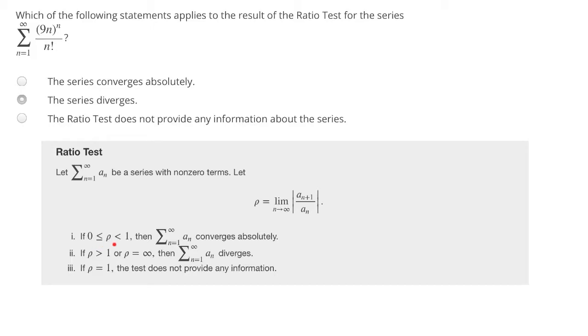Now, if rho is in between 0 and 1, then we know that the series is going to converge absolutely. If rho is bigger than 1 or even infinity, we know that the series is going to diverge. If rho is equal to 1, then the test is inconclusive in that case, and we would have to go to some other series test to determine whether the series will converge absolutely, conditionally, or whether it might diverge.